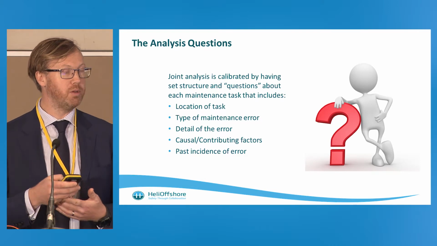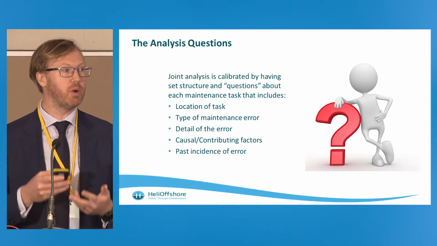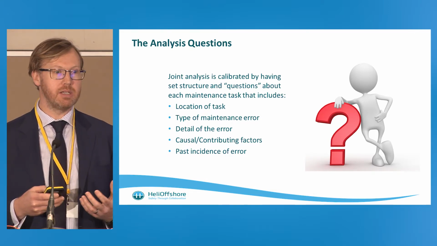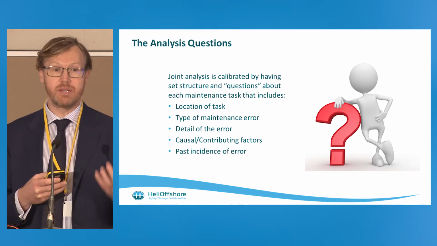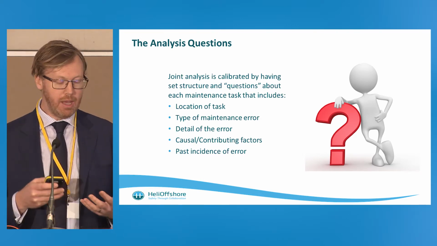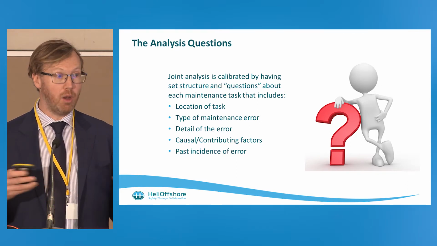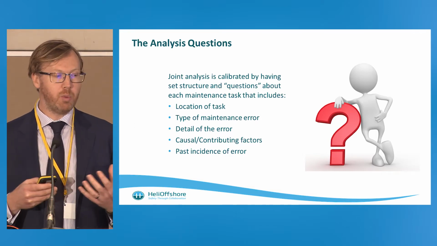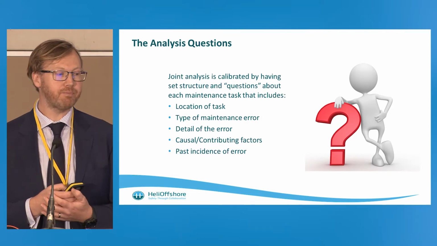The second one was special tooling. Is any special tooling required? What is the perceived task frequency? Do you think that you're having to do this task a lot more than was intended by the OEM? Is there a high demand on resource? So do you need a lot of people on board to actually do this task? All of which they found was contributing significantly to error.